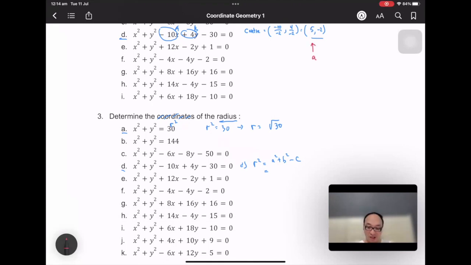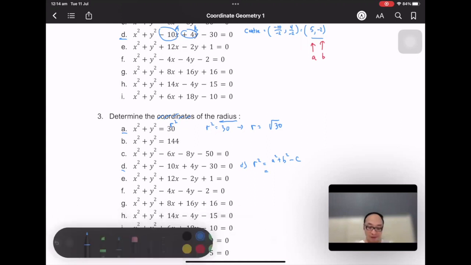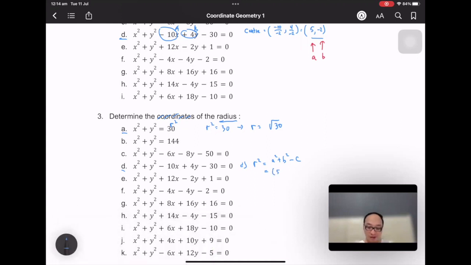So this is A and this is B. So this is 5 square plus negative 2 square minus C. C is this one.